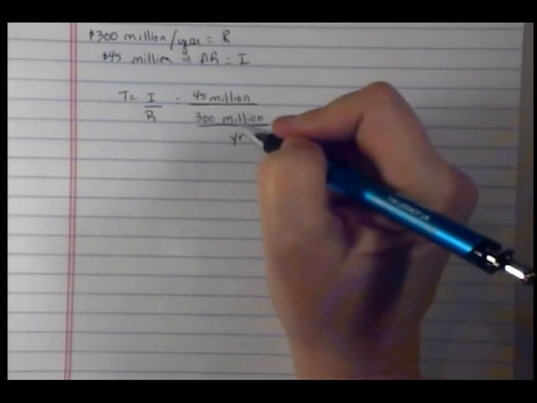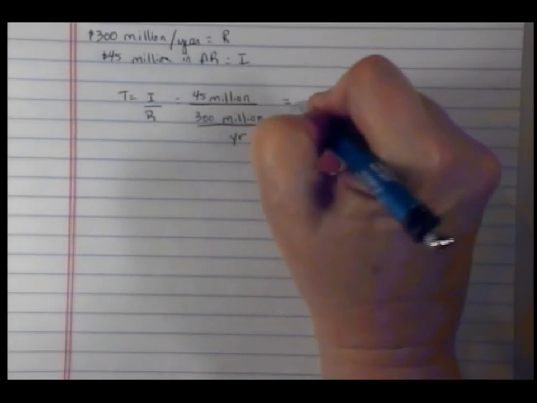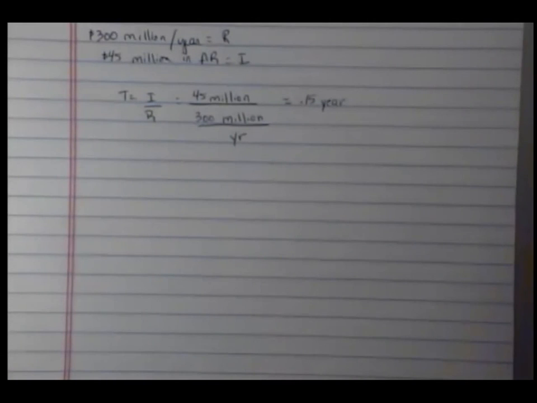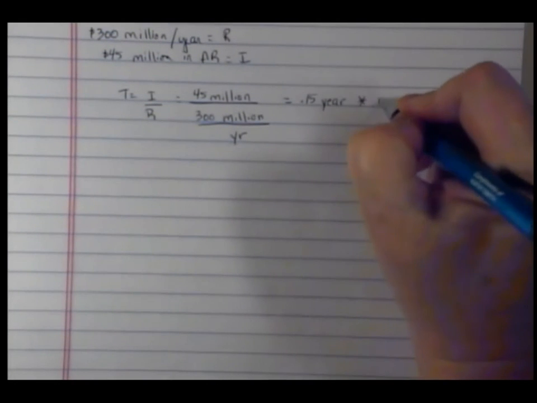Okay, and if I finish that out, it's going to tell me that that is 0.15 of a year. And so one of the things we find sometimes is, I don't know about you, but that 0.15 of a year doesn't really tell me very much, right? So what I might want to do is convert that to months so that it tells me something a little bit more. So I'm going to take it times 12 months per year.